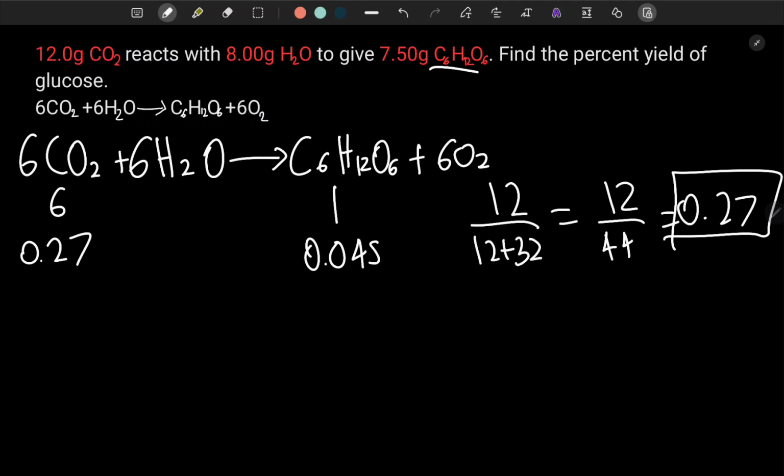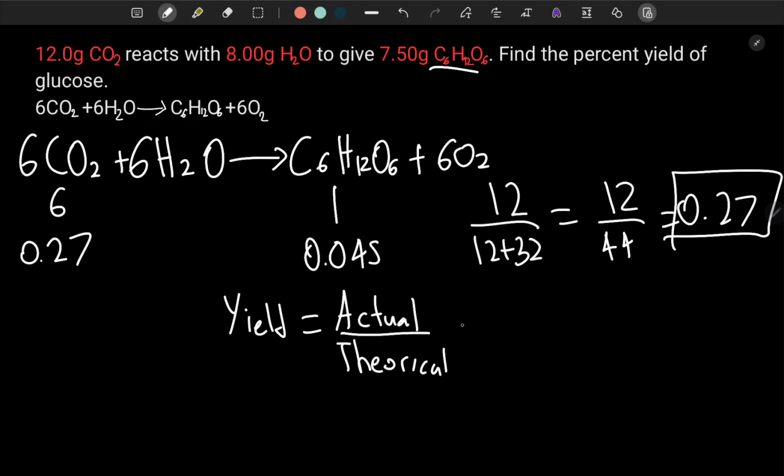Now the formula for percentage yield is equal to the actual yield over the theoretical yield times 100. And the actual yield is the one given in the question always, and theoretical is the one we find over here.